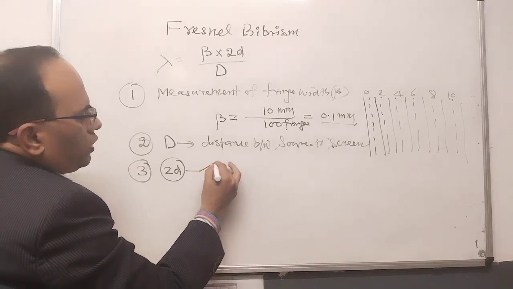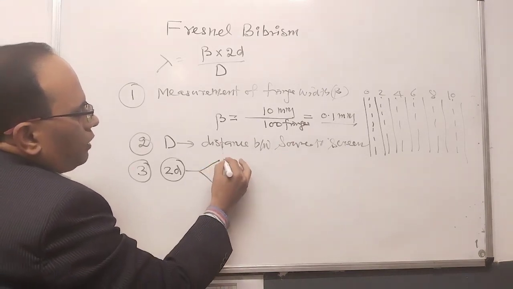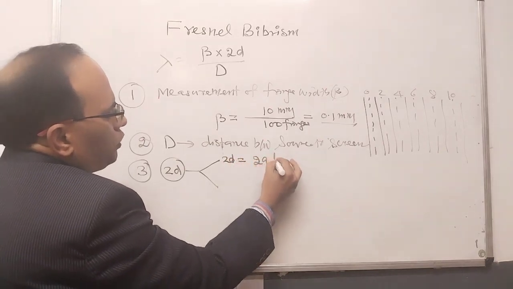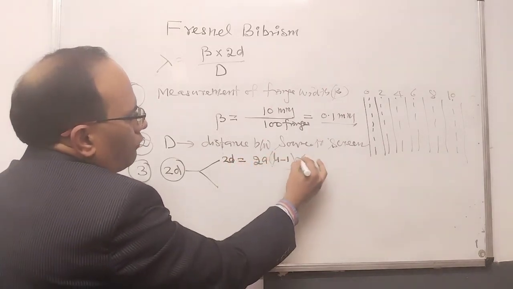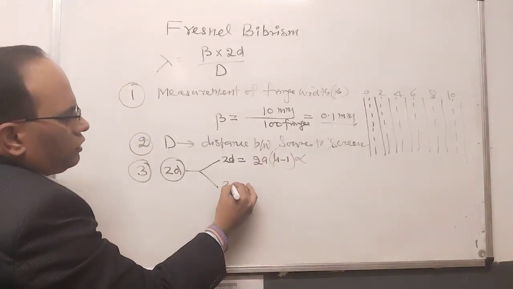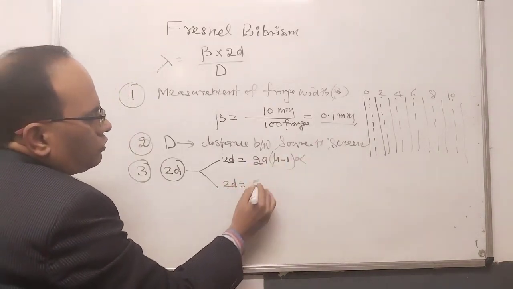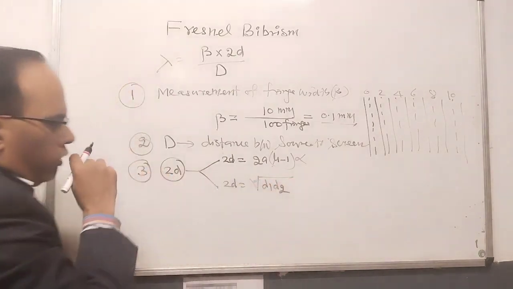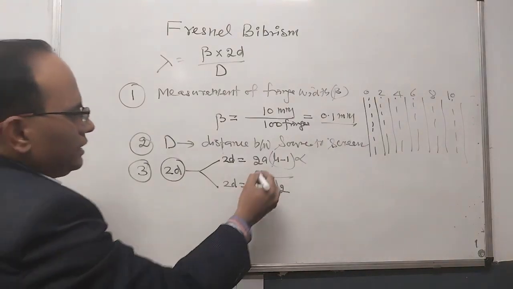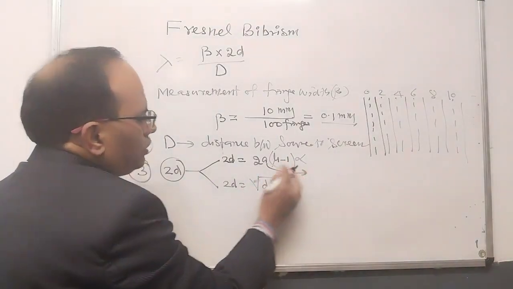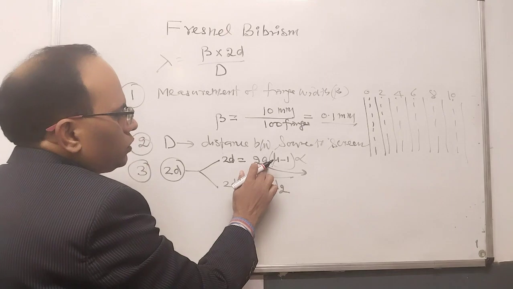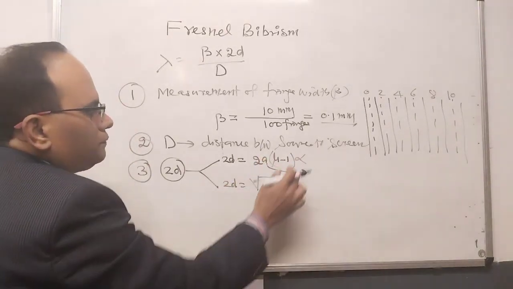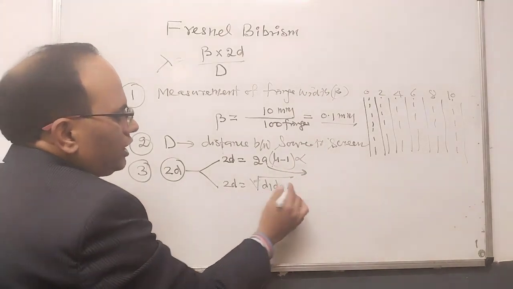There are two formulas. One formula is 2d equal to 2a(mu minus 1) alpha, and the second formula is 2d equal to 2 times the square root of d1 d2. Here a is the distance from the source to the biprism, mu is the refractive index of the prism, alpha is the prism angle, and d1 and d2 are image heights.